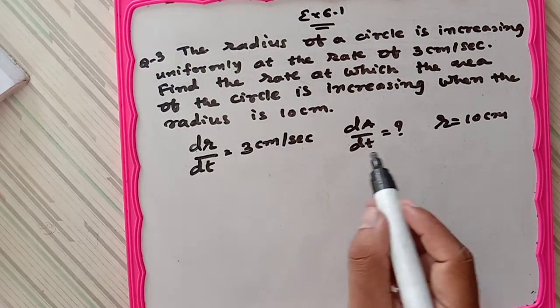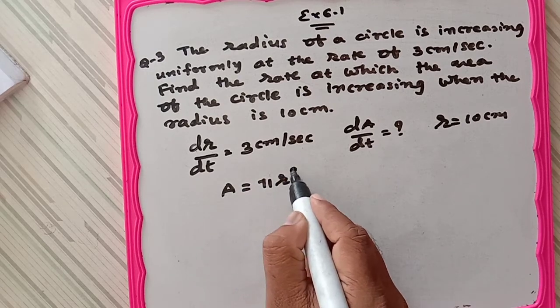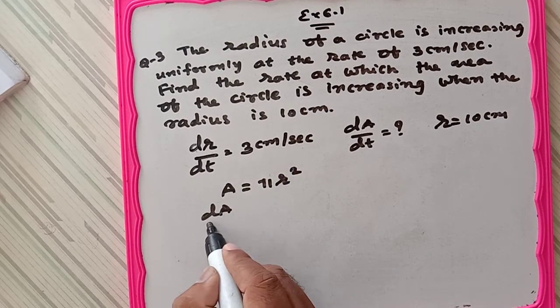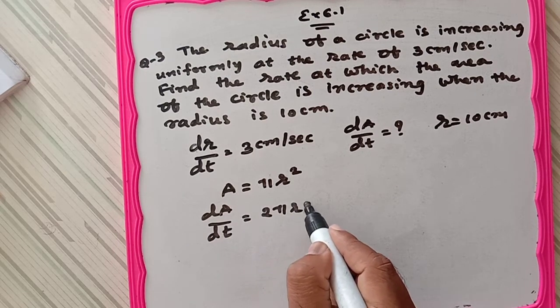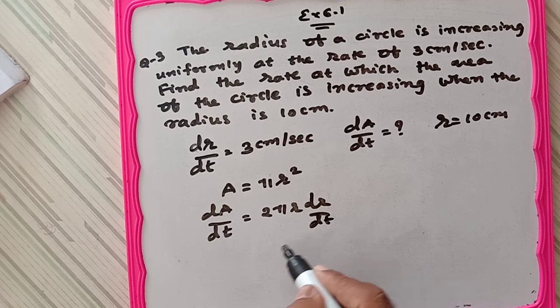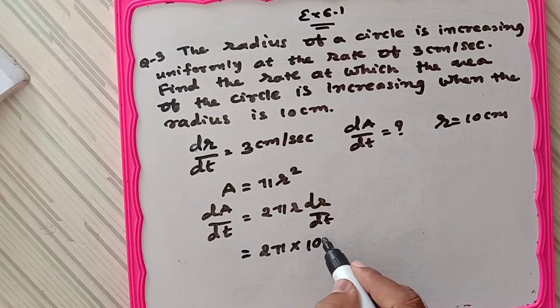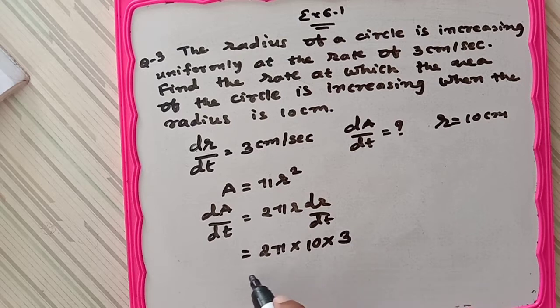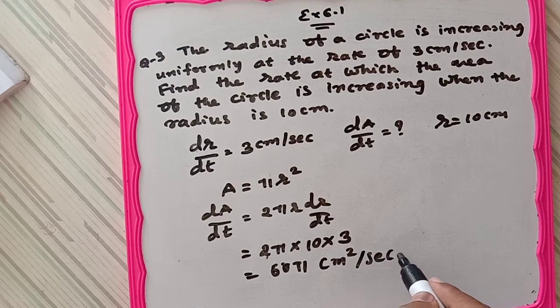We know the area of a circle is pi r square, so differentiating with respect to time gives 2 pi r dr by dt. So it will be 2 pi into 10 into 3, which is 60 pi. Area is there, so the unit will be centimeter square per second.